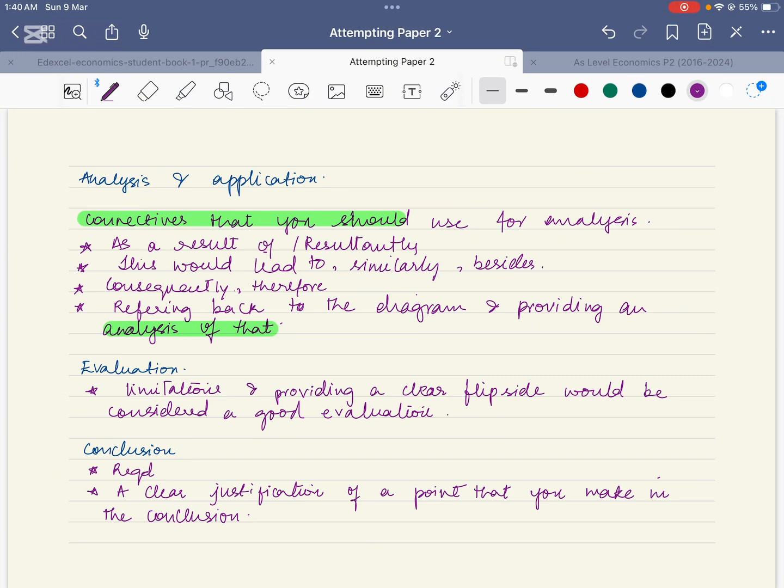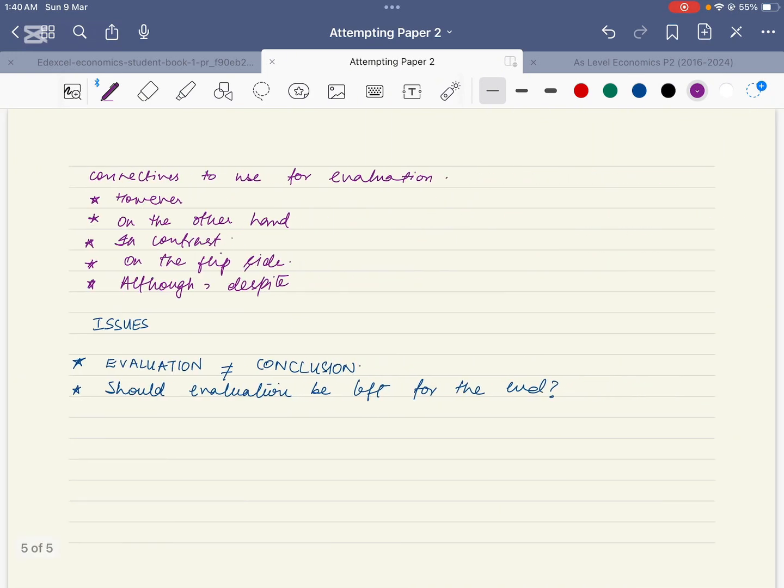Now, there are certain issues when children are writing answers and when you are writing evaluations and conclusions. Number one issue, is evaluation equal to conclusion? The answer is no. Evaluation is not equal to conclusion.